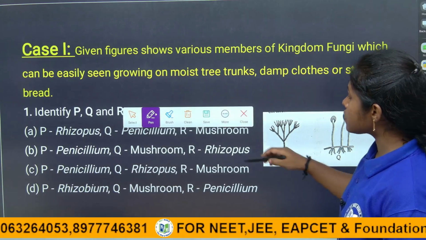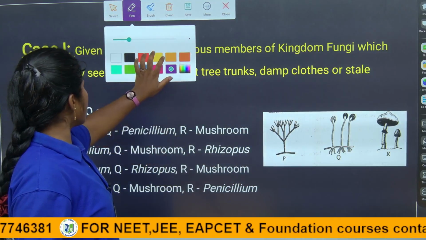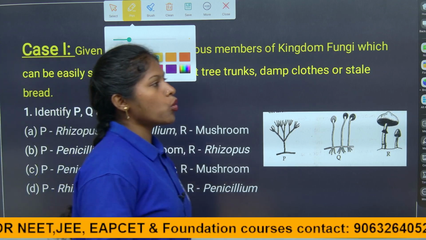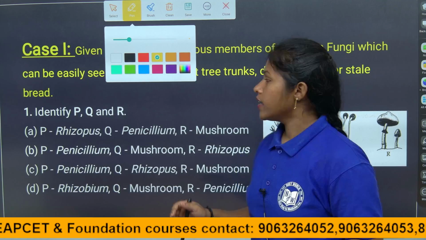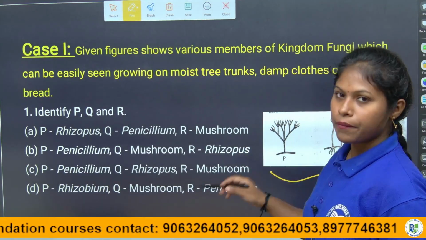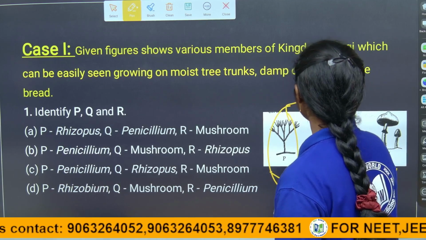As we discussed, children, the best example for unicellular fungi is yeast. Most of the fungi are multicellular. So here P, Q, R are multicellular fungi. Let us name them.